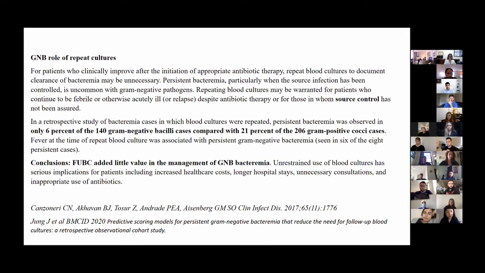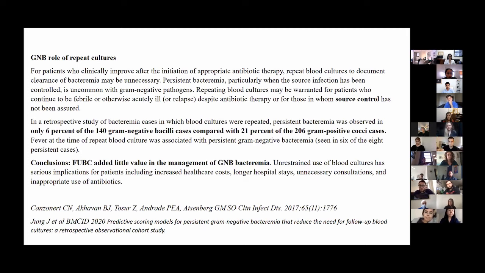So really, if they have a persistent fever, it's not unreasonable, but probably what's going on is you don't have source control. They've got an abscess. So generally speaking, I would say get a CAT scan, make sure it's not, with pyelo, a renal abscess. If it's cholangitis, maybe it wasn't drained adequately.